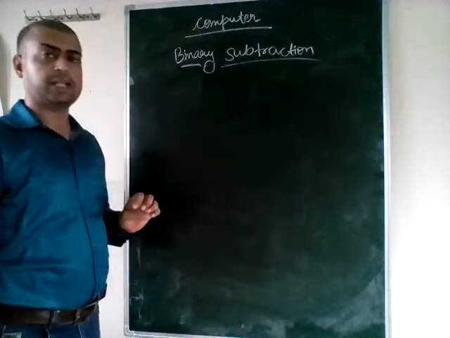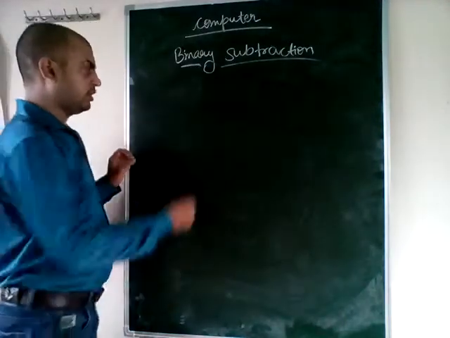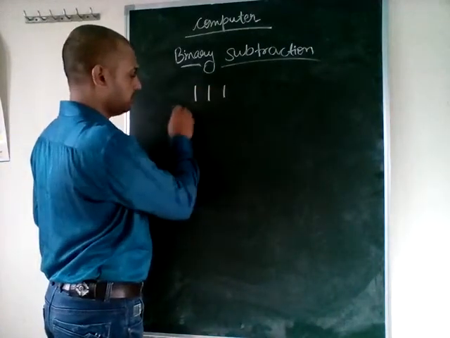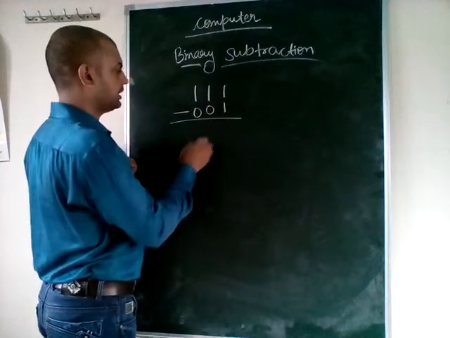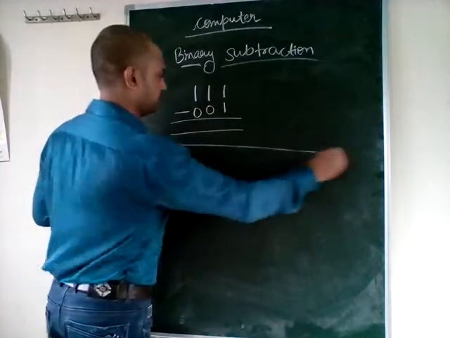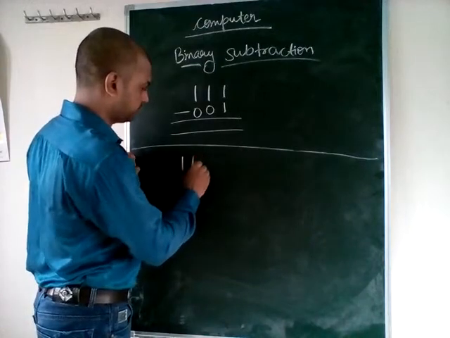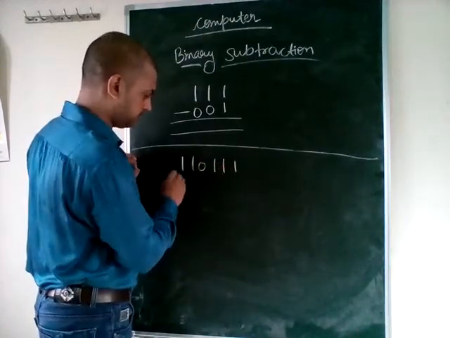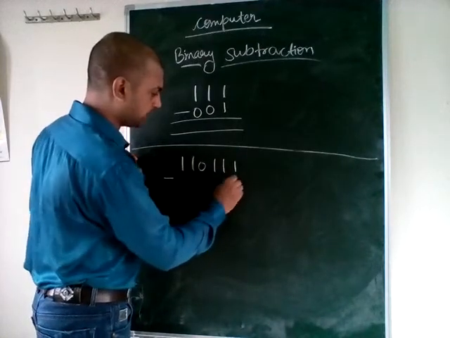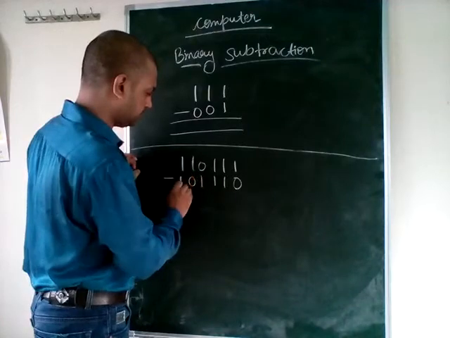Now a few homework questions I am giving. Note down the homework. 111 minus 001. This is the first one. And the second one, 110111 minus 011101.